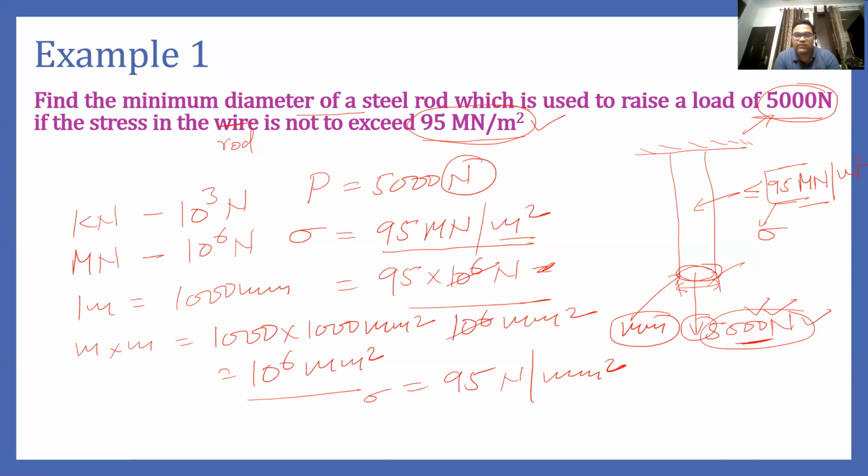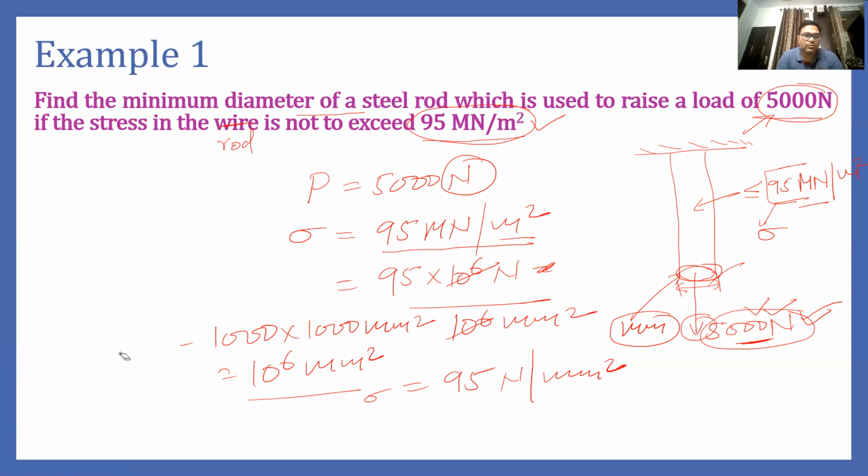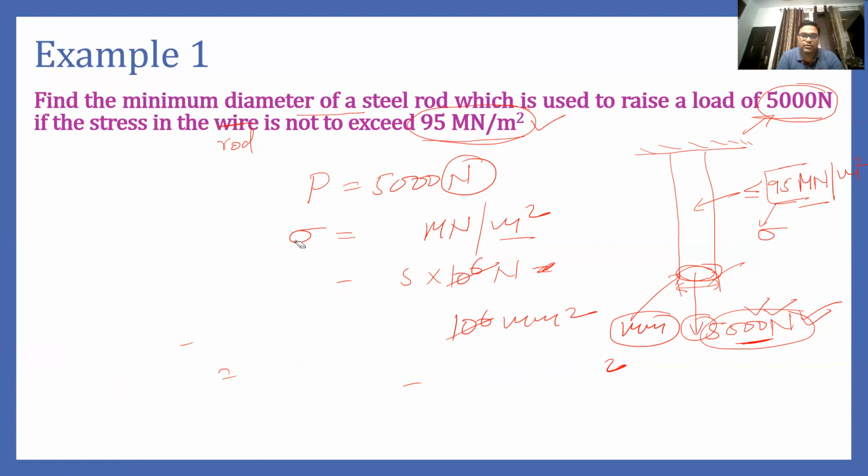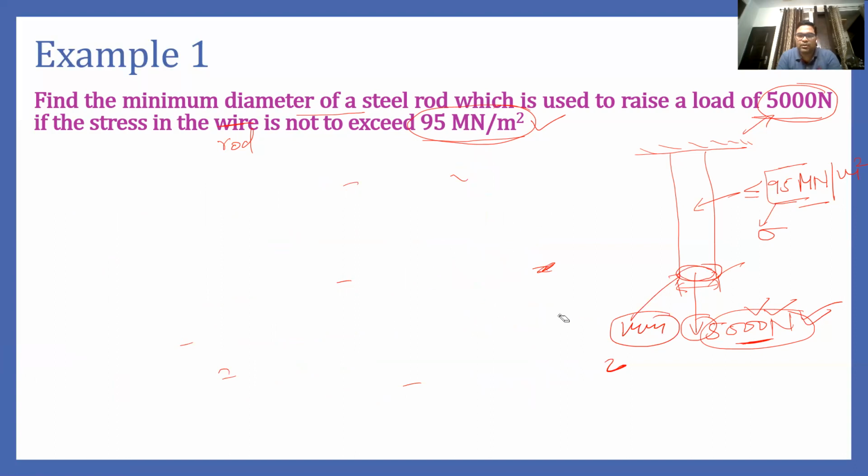Now we are required to find the diameter of the bar to carry this load. First I will erase this, and then we will see. So we already have some solution.